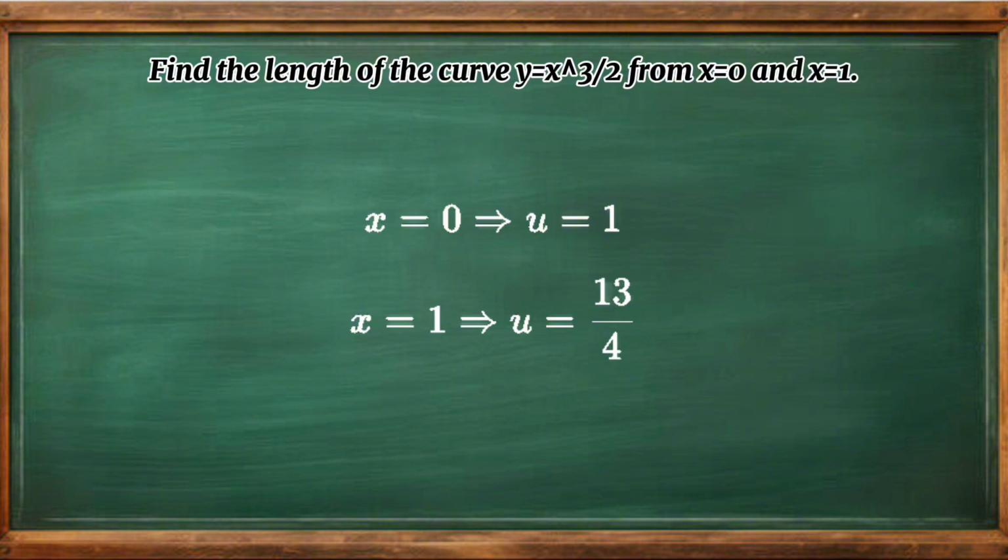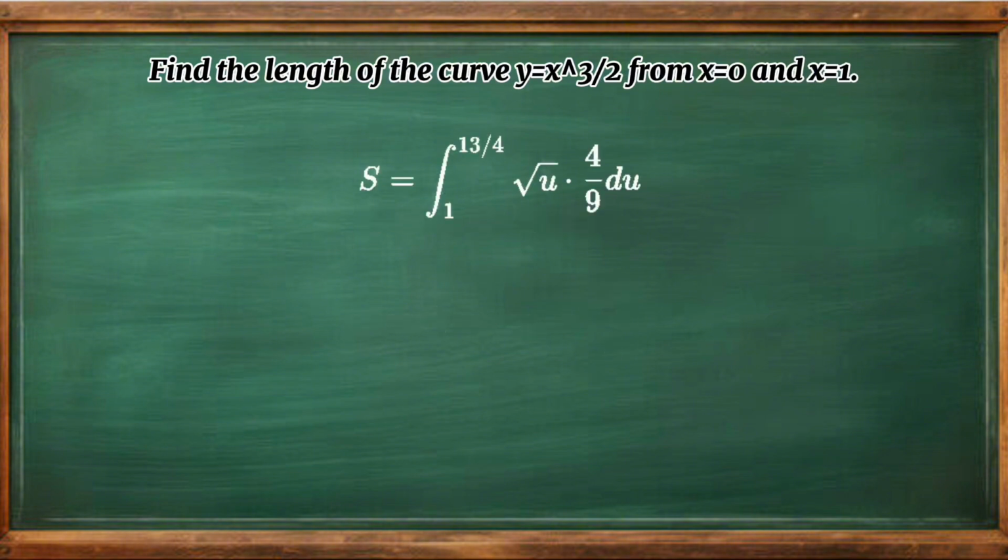Now, we plug it into our formula, which is s is equal to the integral from 1 to 13 over 4 of the square root of u times 4 over 9 du. Then, we simplify our equation. We have 4 over 9 integral from 1 to 13 over 4 of the square root of u du. Then, we integrate our equation.